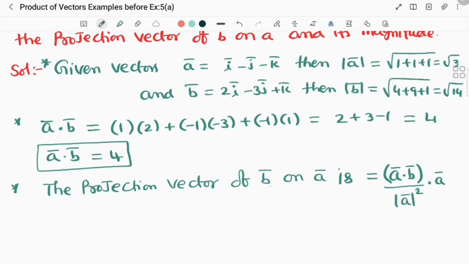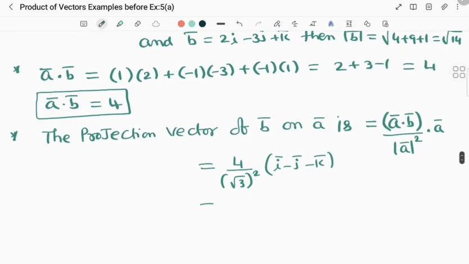Projection vector of B bar on A bar, so denominator compulsory mod A bar square. On B bar means denominator mod B bar square into B bar will come. I hope you understand the difference. So A bar dot B bar value how much? It is 4 by mod A bar square, root 3 whole square, into A bar vector i minus j minus k.